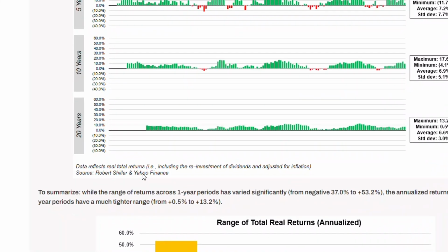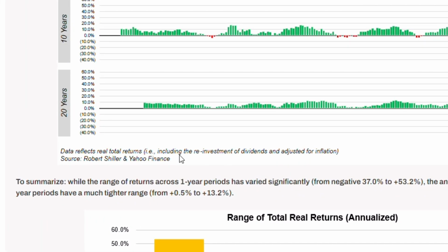According to Nobel Prize winner Robert Shiller, the return of the US market over the last 152 years measured on the S&P 500 is 4.4% without dividends, 9% with dividend reinvestment and 6.9% with dividend reinvestment and accounting for inflation. What is your probability of capital appreciation or capital loss over 1, 5, 10 or 20 years?